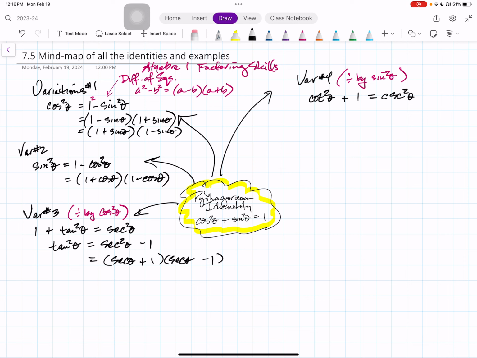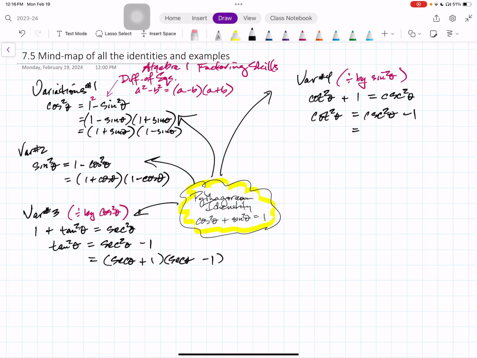So once again, you have to know your basic identities from prior lessons, right? And then you kick in a little bit of algebra factoring skills or isolation skills, and you're good to go. Now, if I isolate cotangent squared theta, all you do is subtract 1. So here's another variation. You get cotangent squared theta is equal to cosecant squared theta minus 1.